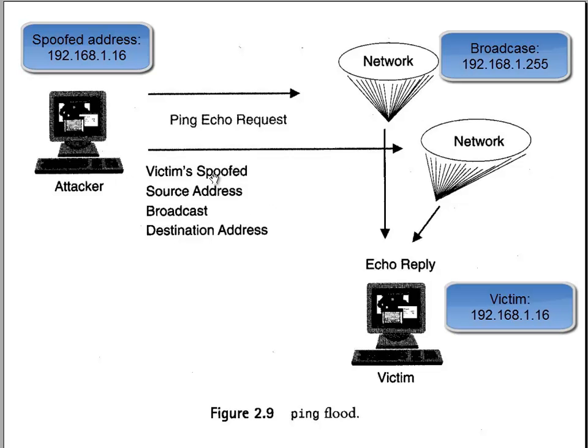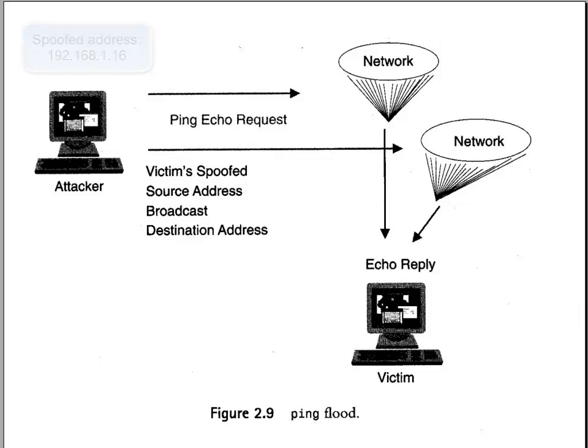However, the attacker has spoofed the source address to be the victim's address, which means that this broadcast ping echo request goes out to all the computers on the network, and then all those computers reply back to the victim, causing a denial of service attack.